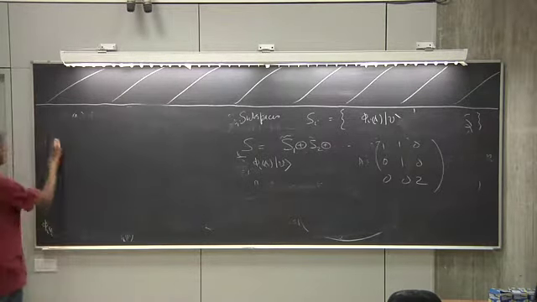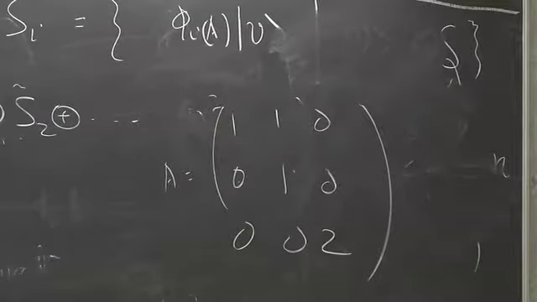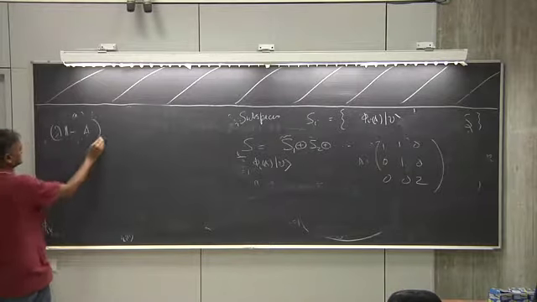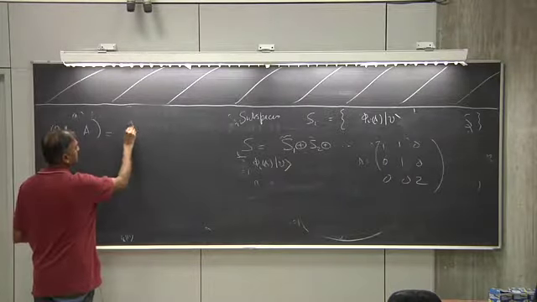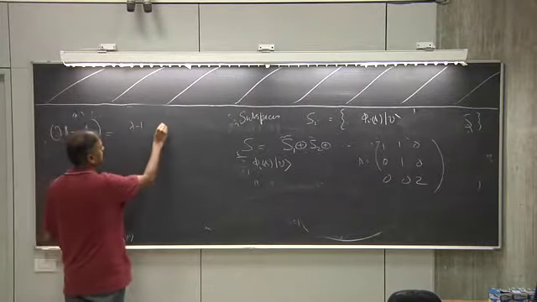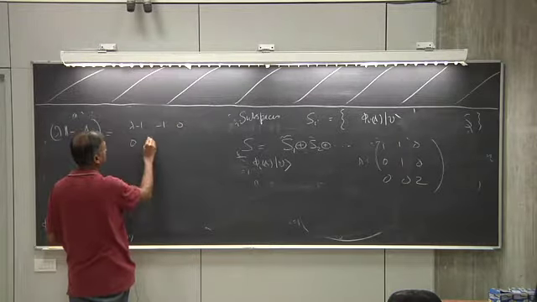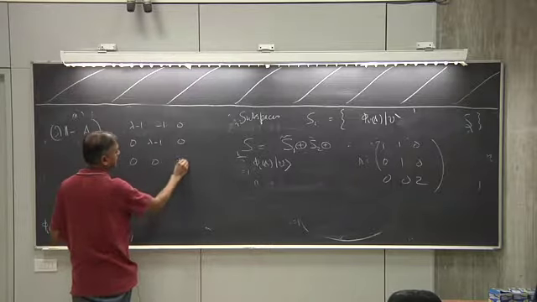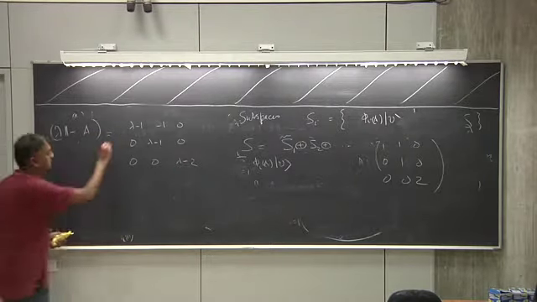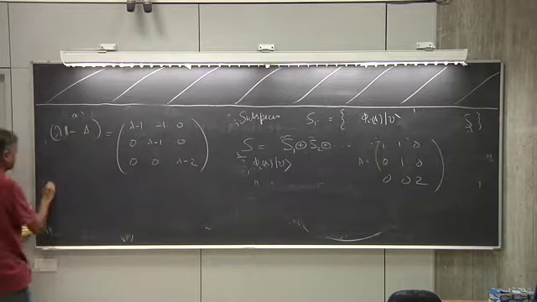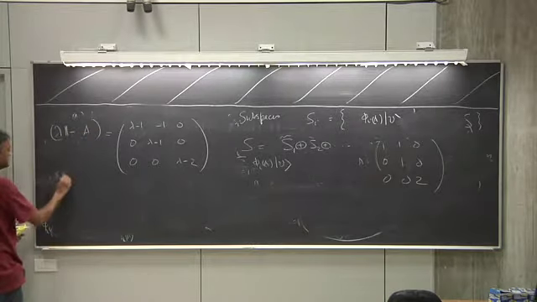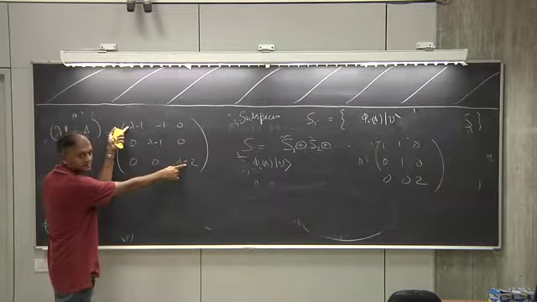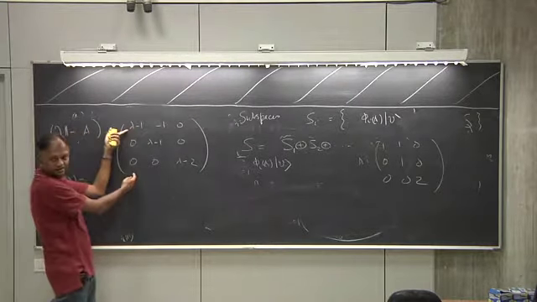So let's compute lambda times identity minus A. This matrix is simply lambda minus 1, minus 1, 0, 0, lambda minus 1, 0, 0, 0, lambda minus 2. Now, phi lambda is simply the determinant of this matrix, which is simply the product of diagonals. You can open it from here, then it's clear.